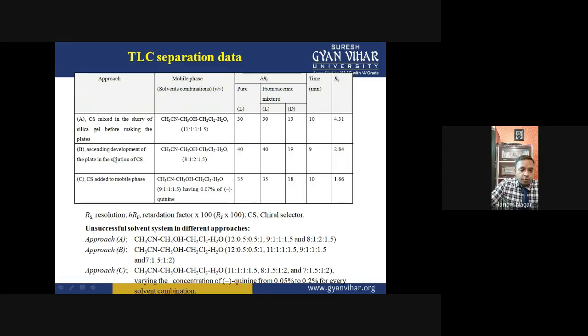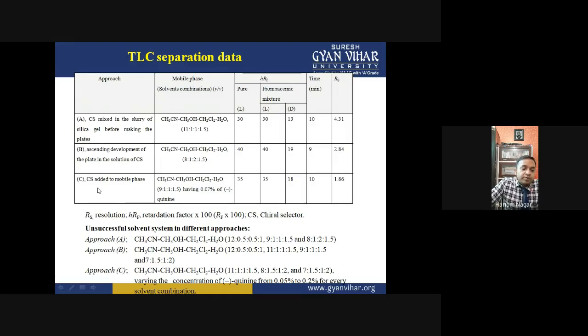But in case of the B approach, there is ascending development of the plate in the solution of the chiral selector. Here, we prepared a solution of the chiral selector and developed the plate in the ascending mode. Whenever we carried out the chromatographic run here, the resolution value obtained was 2.84.